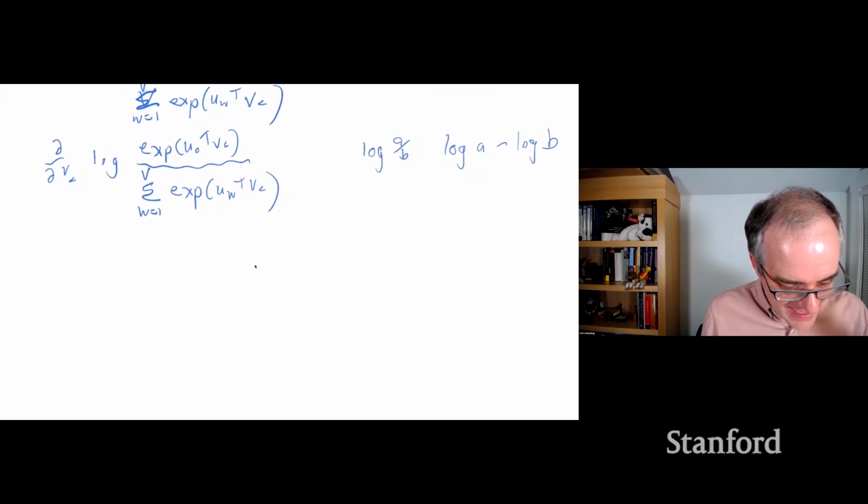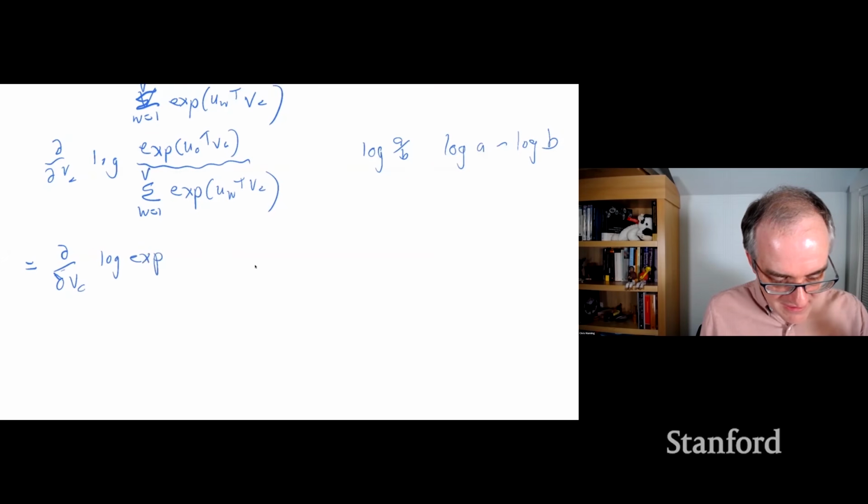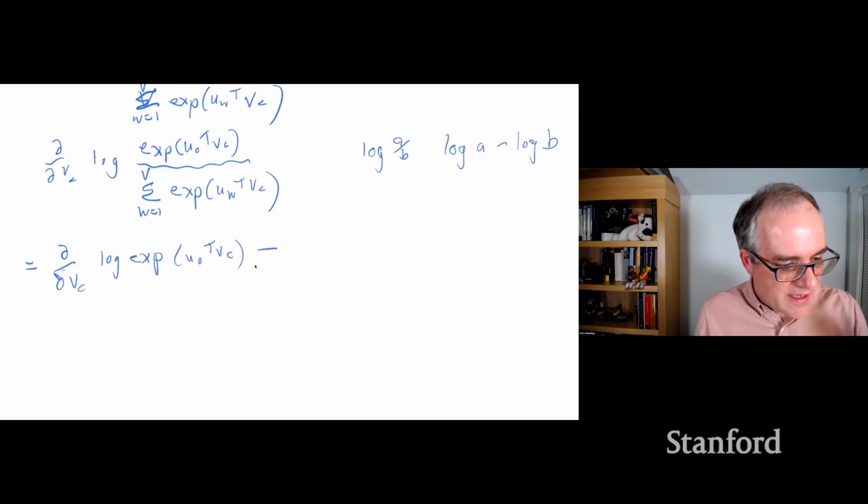Okay, so then we use this way of writing the log. And so then we can say that the expression above equals the partial derivative with respect to v_c of the log of the numerator, log exp(u_o^T v_c), minus the partial derivative of the log of the denominator.